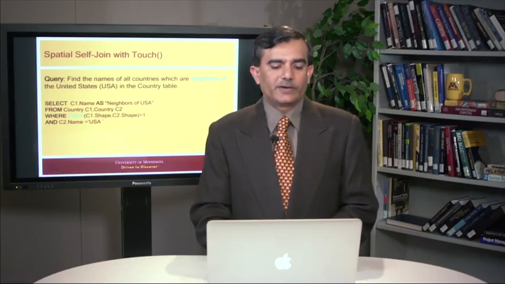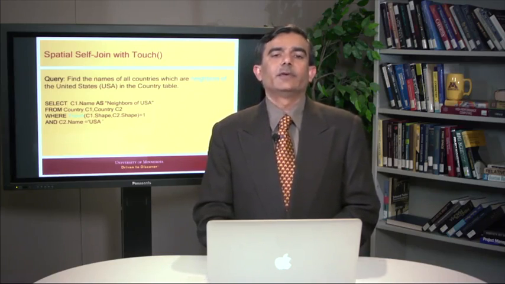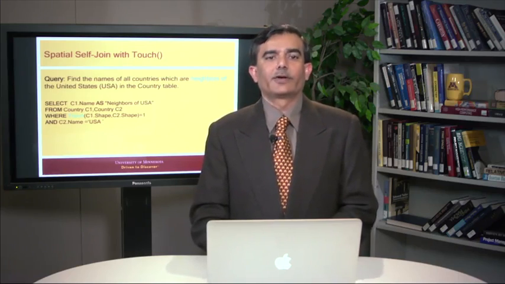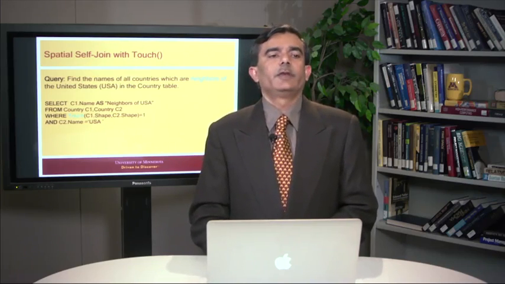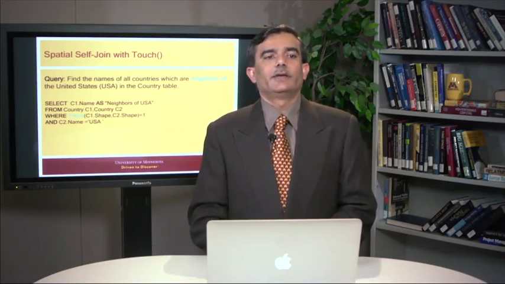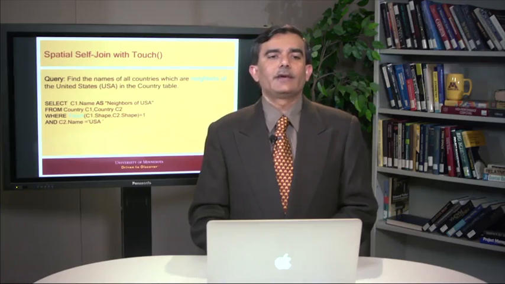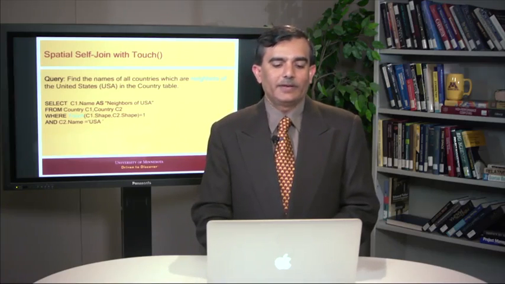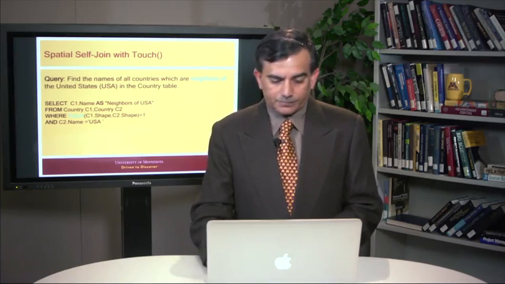So it's a good question to ask: when that happens, will OGIS declare it to be neighbors or not? Because in this case, interiors also intersect. So this will be a good learning exercise for you to try out and figure out in OGIS: if interiors intersect and boundaries intersect, is touch true or false. It's an exercise left to you.